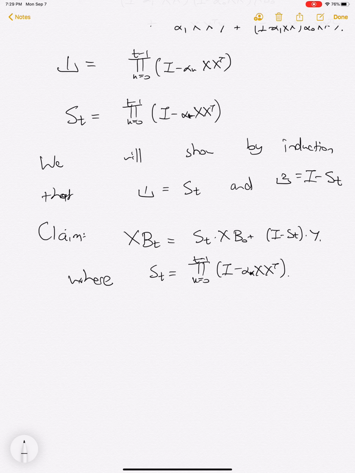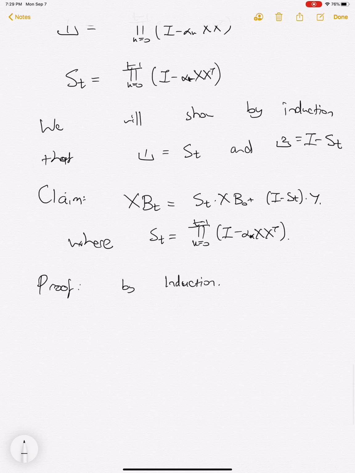So we're going to do a proof by induction. By definition, it's clearly true for t equals 0 and 1.